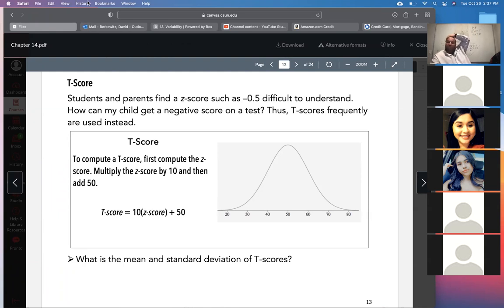So how do we avoid this? We use t-scores instead. To compute a t-score, you first compute the z-score, and then you multiply it by 10 and add 50. Again, you first compute the z-score, which we know how to do: subtract the mean and divide by the standard deviation.